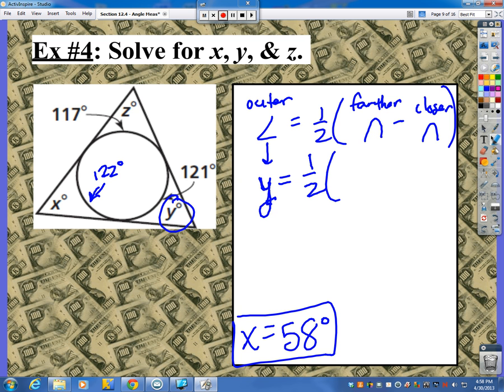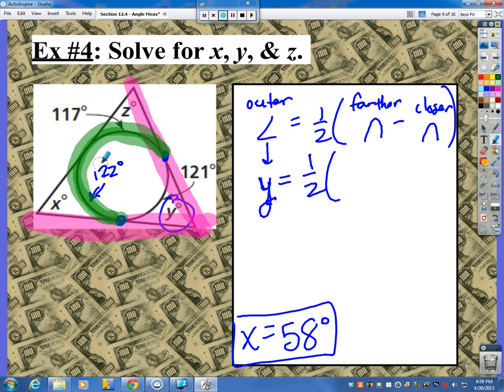Now, the farther arc. Well, again, let's look at angle y. Here's angle y. Goes all the way from there to there. Points of tangency here and here. So that means the farther arc is really from here all the way around to here. And it's made up of two arcs, the 122 and the 117.